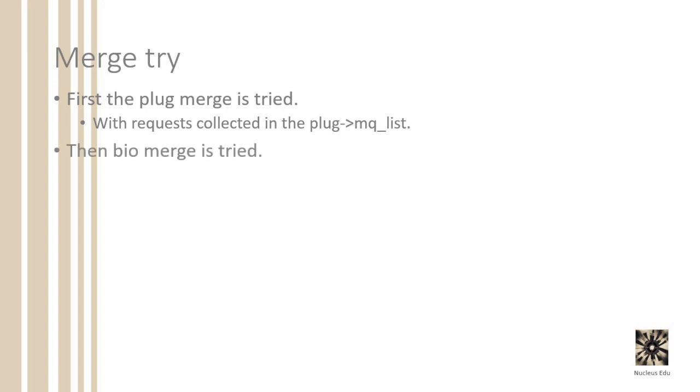So in this step, there are two different types of merges that are attempted, right? First, a plug merge is attempted, which is that there's an attempt to merge the bio with the requests that are sitting in this plug mq_list structure, and the next one attempted is the bio merge, where the bio is attempted to be merged with the requests sitting in the software queue, and these two are different and they are tried one after the other while creating a new request or getting a request from the cache list.